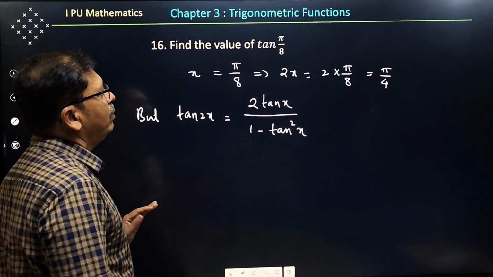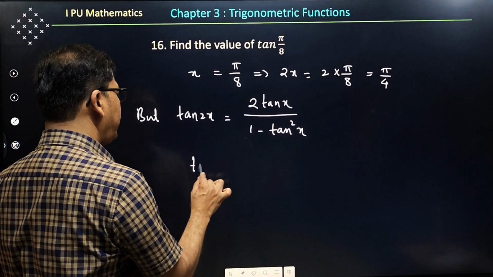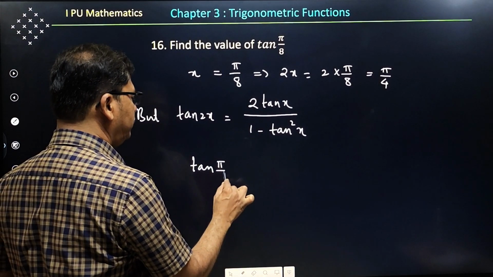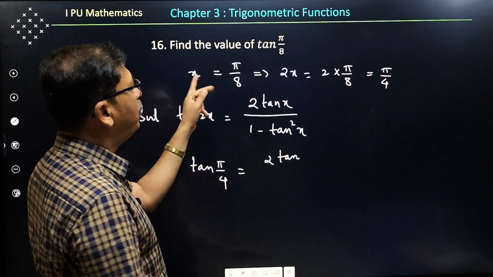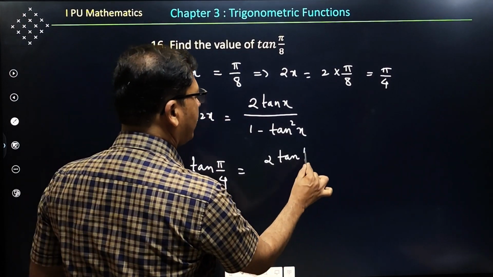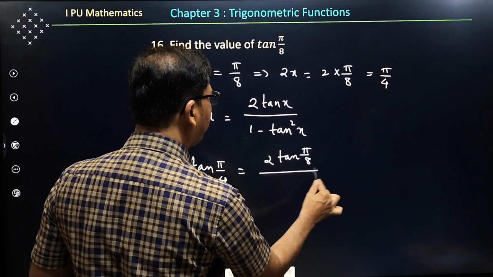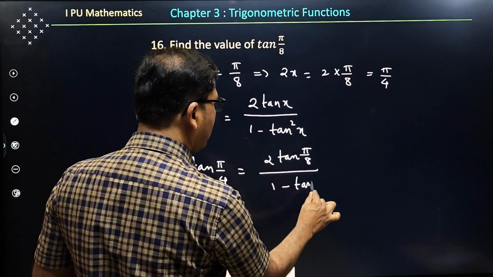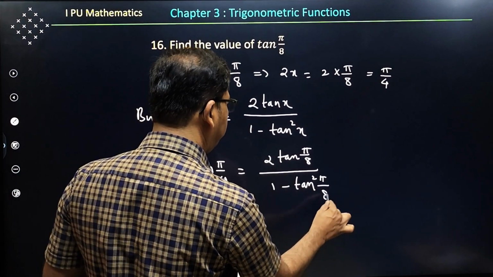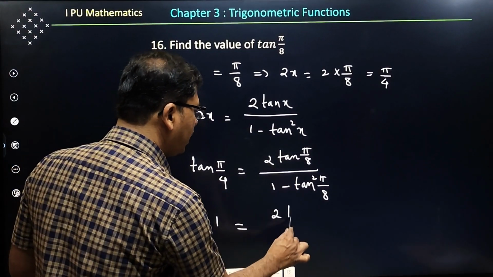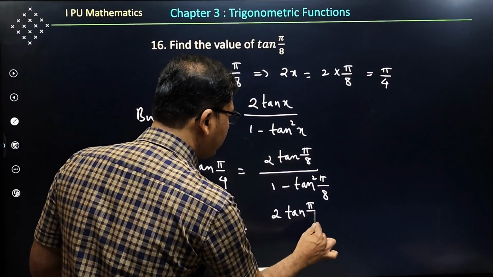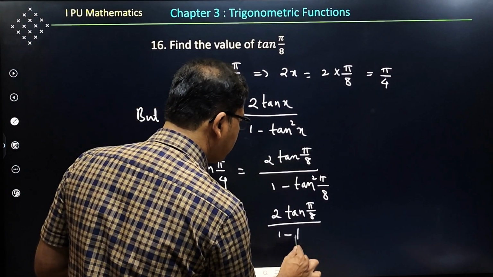See, 2x equal to pi by 4, so you write tan pi by 4 equal to 2 into tan x, where you have taken x equal to pi by 8. Substitute: 2 tan pi by 8 divided by 1 minus tan square pi by 8. This is 1. So you are getting 1 equal to 2 into tan pi by 8 divided by 1 minus tan square pi by 8.